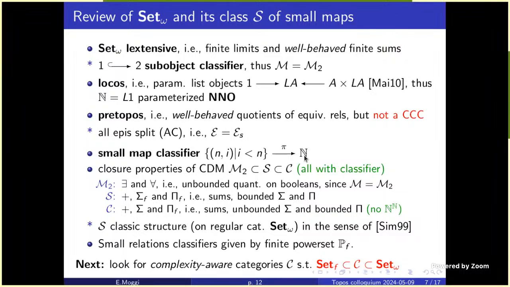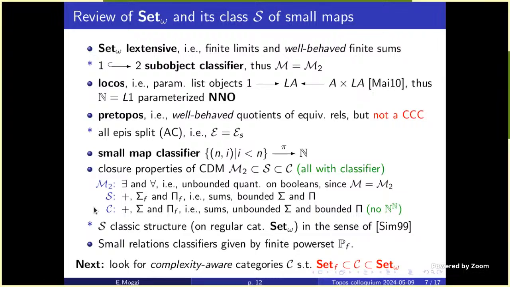There is an obvious choice of small map classifier. Since we have a natural number object, we can take just the map that for each natural number n gives us the set of its predecessors, which is finite, and that's the obvious choice of small map classifier. So we have this.